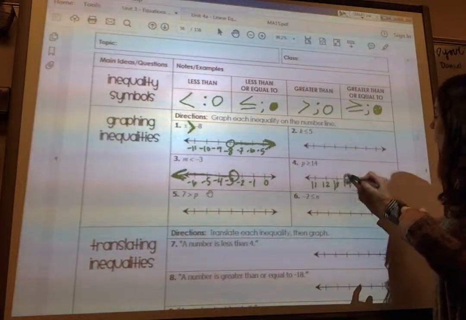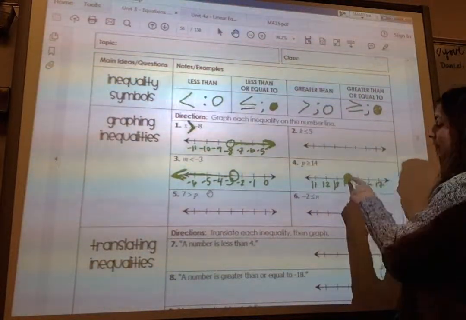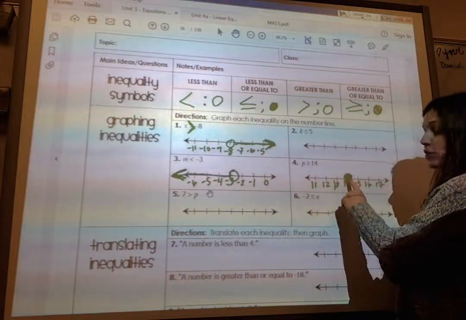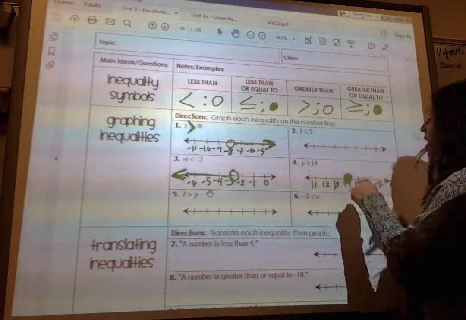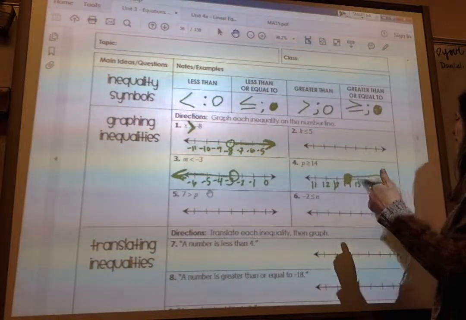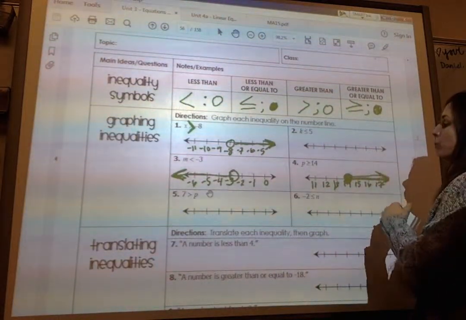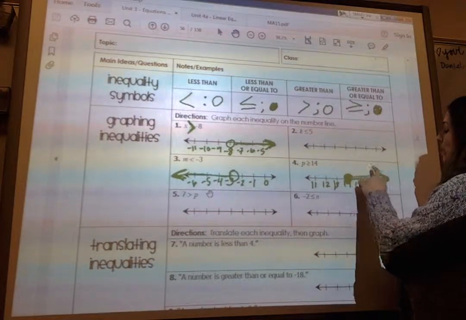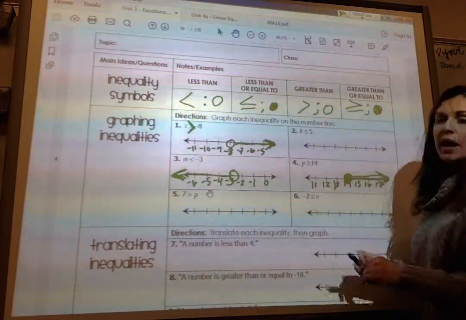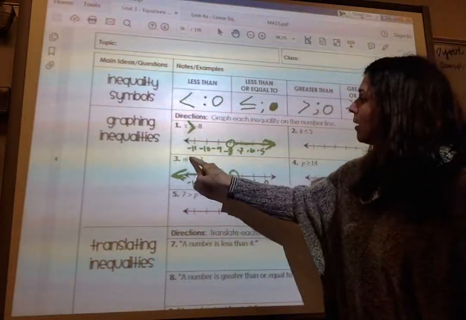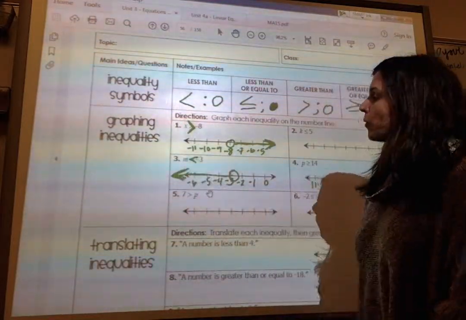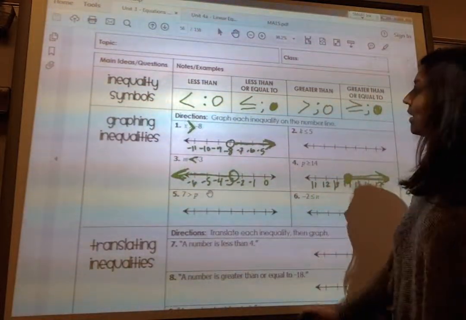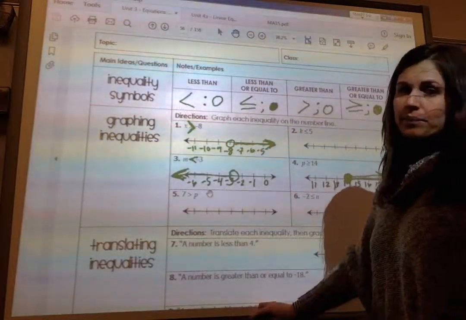So if it is equal to 14, I'm going to shade that one, because that tells the reader that 14 is a solution. And it's not only just 14, it's 14, 15, 16, 17. It's all numbers greater than. And notice my arrow is in the same direction. And notice on number 3, when m is less than, this arrow matches that same direction. Okay? So that's what it looks like when we're graphing.